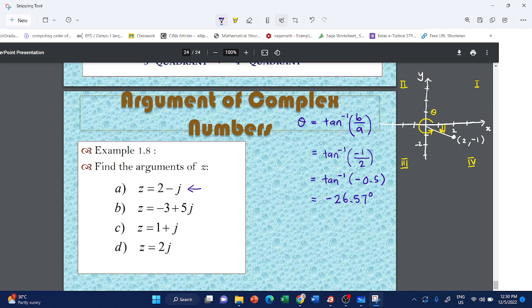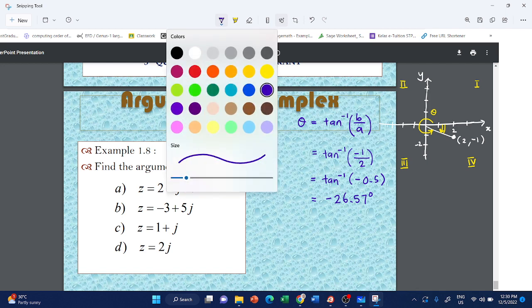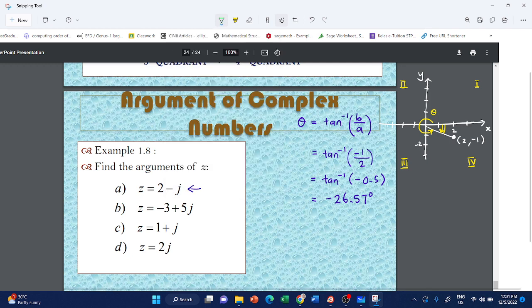Okay, negative means this one, the green one, negative. Okay, why negative?